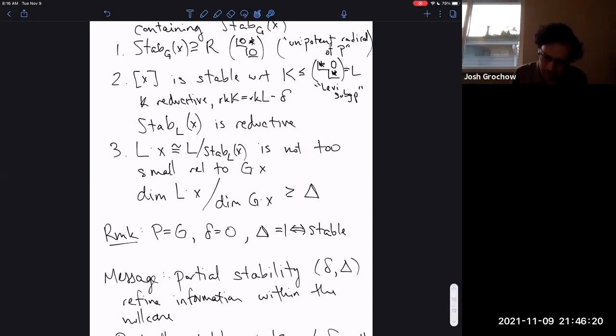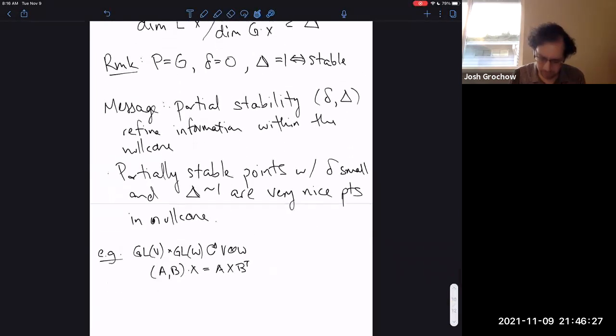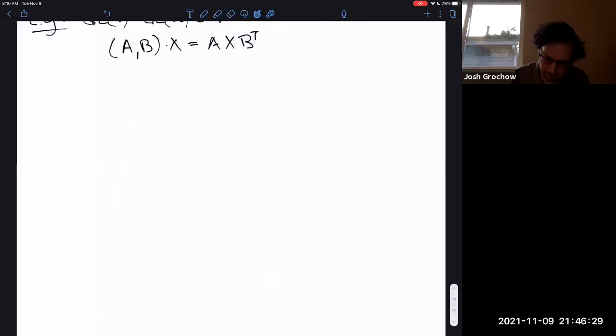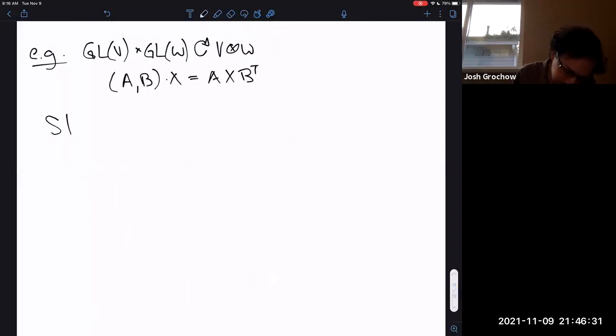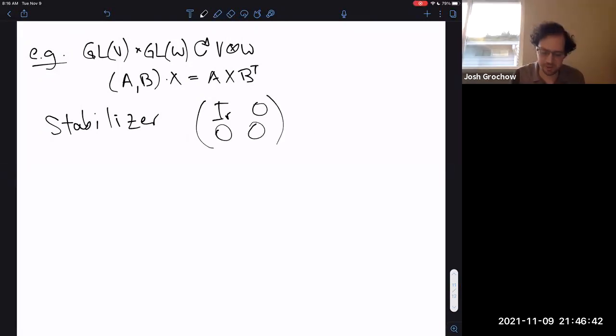Okay, so to do this, one of the things we needed is we really need to understand what the stabilizer of a point is. This was crucial. So what is the stabilizer in this action of a point? And we said we can always make our points look like an identity matrix, like this. So the stabilizer of this.